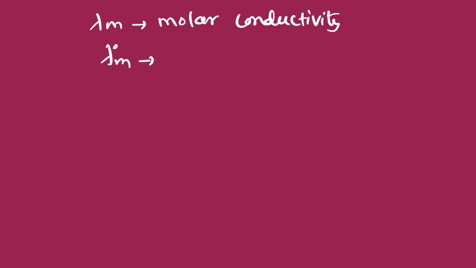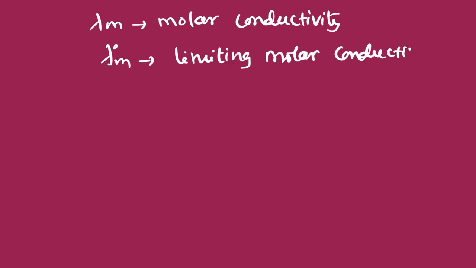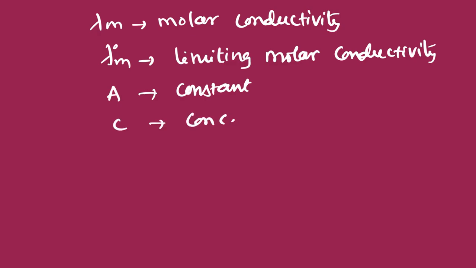Lambda m is equal to lambda naught m minus A root C. This is called the Debye-Hückel-Onsager equation. In this, lambda m is the molar conductivity, lambda naught m is the limiting molar conductivity, A is a constant, and C is concentration.